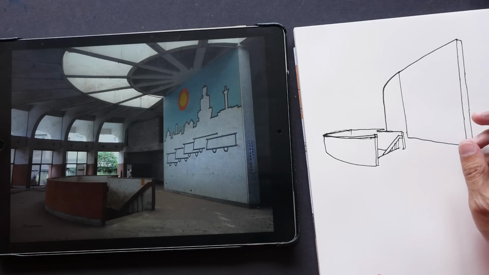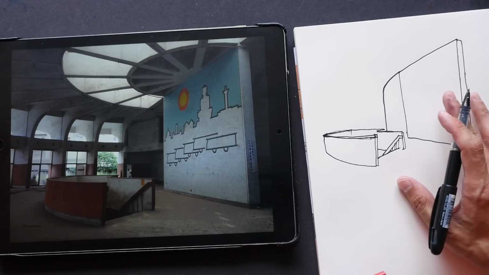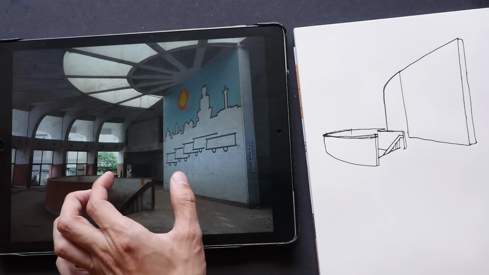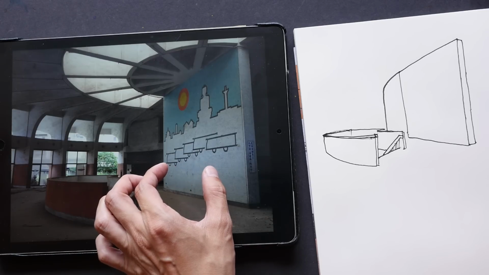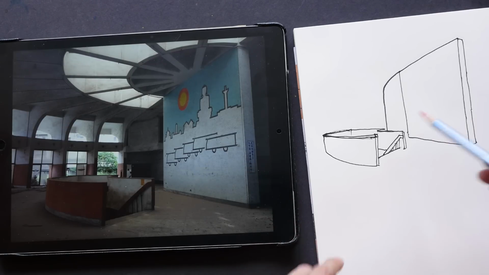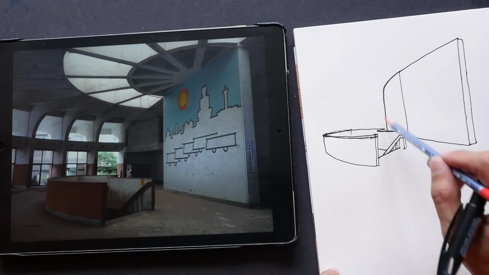Okay, right now I see something that's off, because when I look at this photo, this space here is actually about half of this wall, but in my drawing I can see that this space here is actually about 1/3, so this needs to be wider.